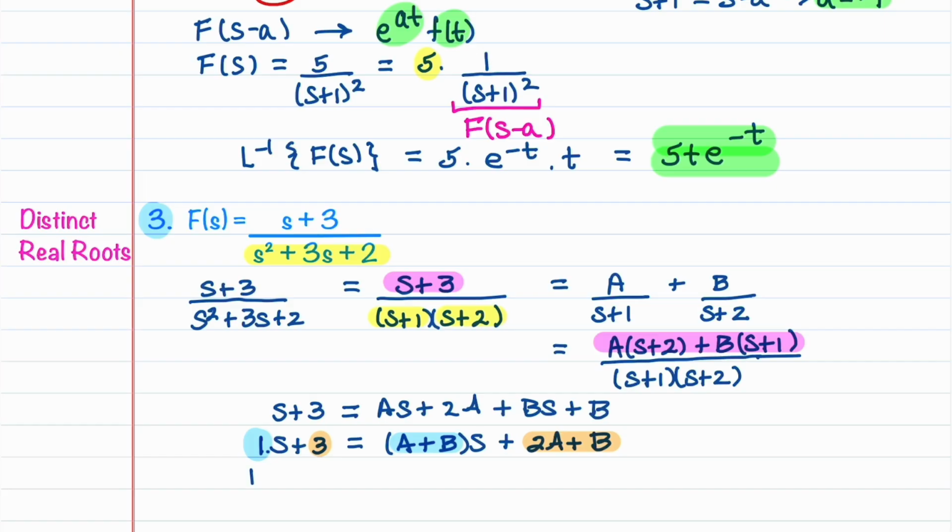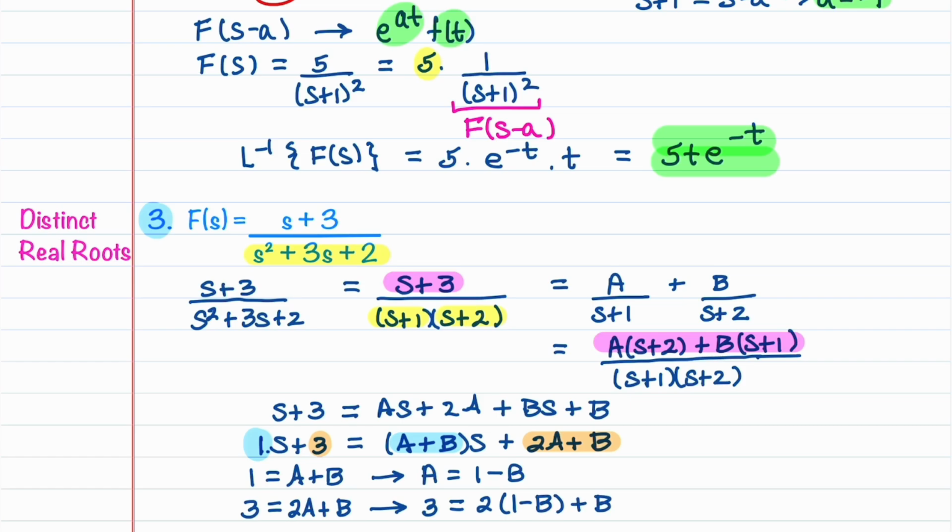Let's do that. We have 1 is equal to A + B, and then we have 3 is equal to 2A + B. In this first equation, I am going to let A be equal to 1 − B, and we'll substitute that into our second equation, where we get 3 is equal to 2 times (1 − B) + B. This is equal to 2 − 2B + B, so it's just 2 − B, and that gives us that B is equal to −1.